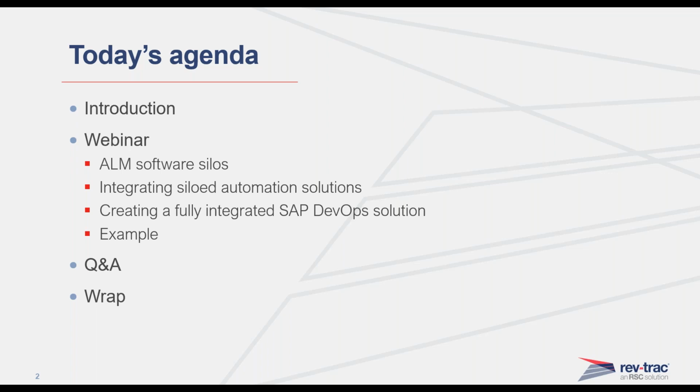We're then going to show you, or my colleague Chris Drake will anyway, an example of an integrated SAP DevOps solution specifically around the area of SAP testing software. And then we'll take a wrap and take a few questions and finish up today. So around about 40 minutes, Chris and I estimate. Might be a little over, might be a little under. So if you just imagine that that's the amount of time you'll need today, then you'll be fine.